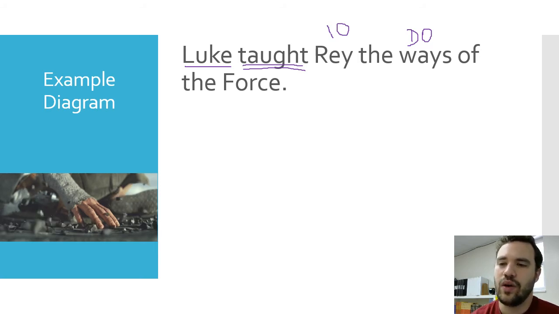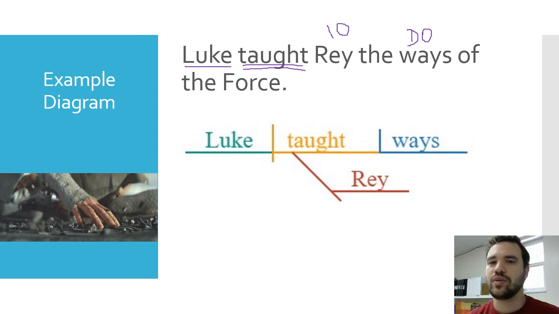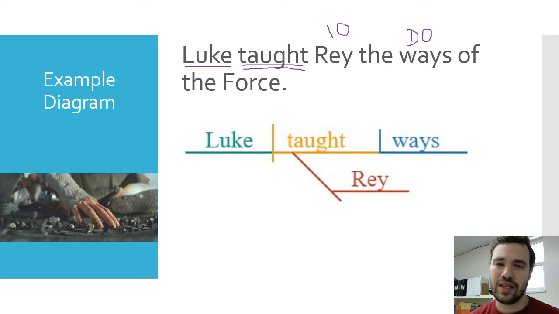All right, so let's look at how this would get diagrammed. Very similar to our last diagram. Remember, with the direct object and indirect object, we're again looking for the simple direct object and the simple indirect object when we're diagramming. Not all the extra words, right? The simple one, usually one word, unless it's a proper noun that has more than one word that's part of the same thing.